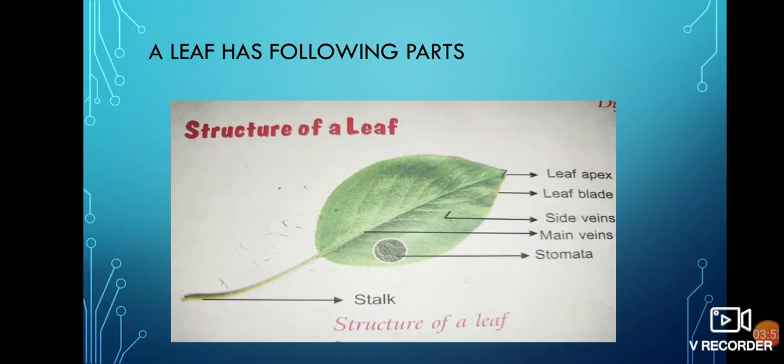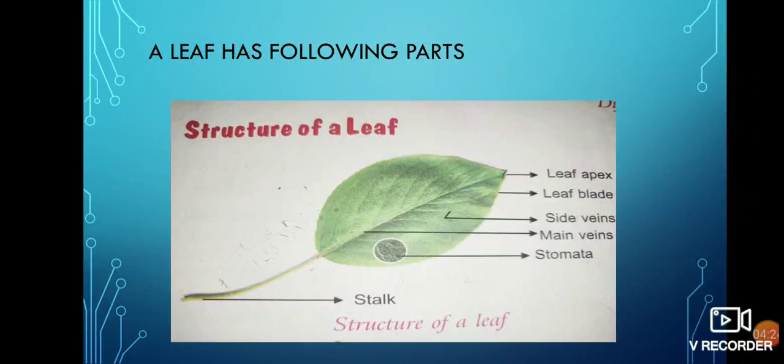What can you see here? You can see a leaf. Take a leaf and see the structure of the leaf. Take one leaf in your hand and, as shown in the picture, try to understand what is at the tip of the leaf, that is the leaf apex. And the body of the whole leaf is known as the leaf blade.